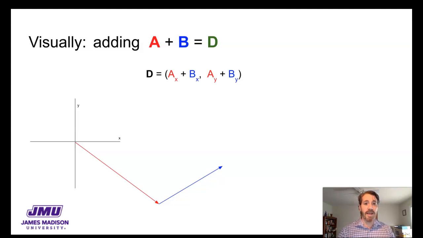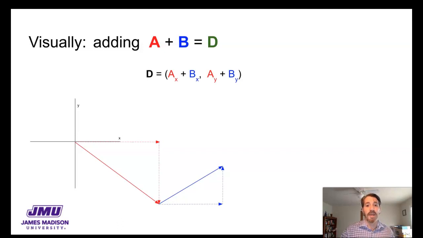My vector A has an x component and a y component, and I would want to establish exactly how much each of those are. If I'm not given that information, I would find a way to find it, perhaps having to go through some trigonometry to determine it. Vector B also has an x component and a y component that are not measured from the coordinate system origin, but from vector B's origin. So you can see here vector B goes this far in the x direction and this far in the y direction.